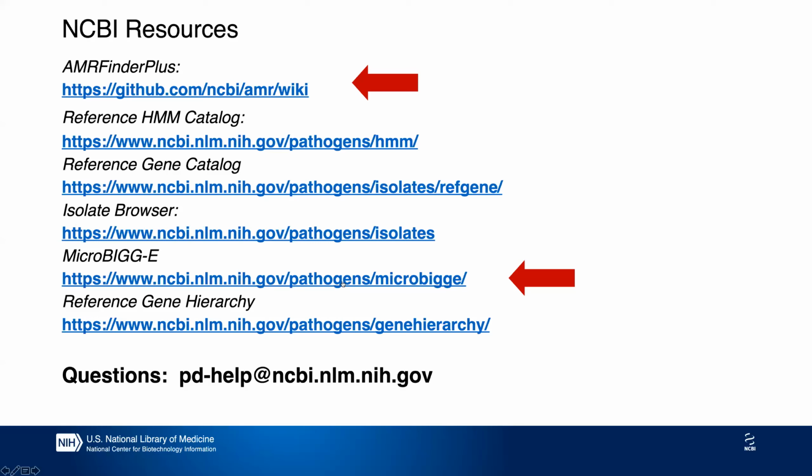MicroBIGG-E, which gives you a gene element view for about 770,000 isolates. And there's a whole bunch of search syntax and filters you can use to say, for instance, in MicroBIGG-E, show me all the things that have KPC-2, as well as show me all the contigs that have KPC-2. So there are some nice research applications there.